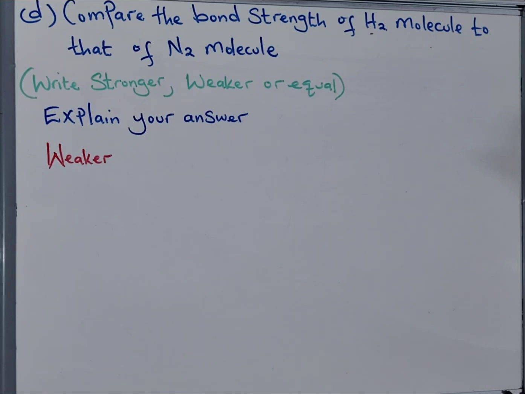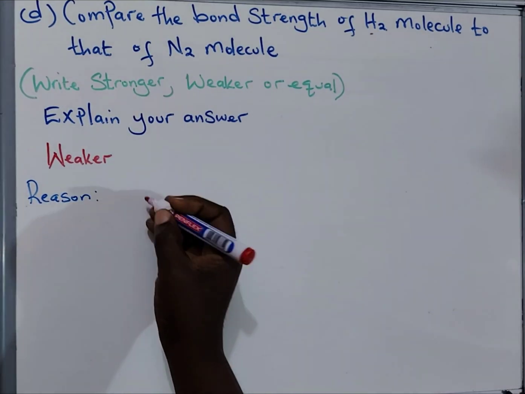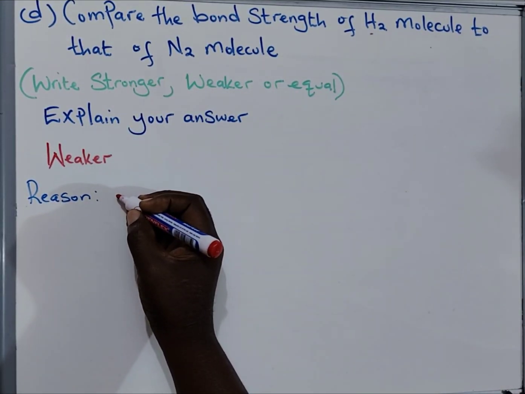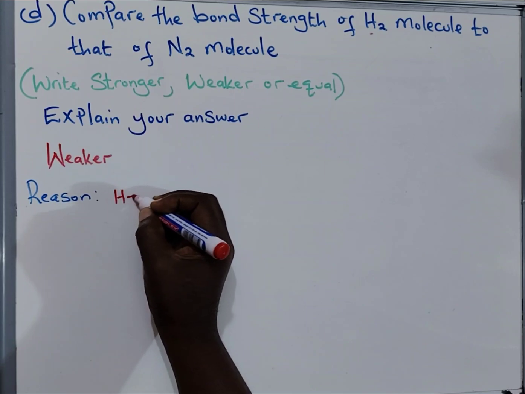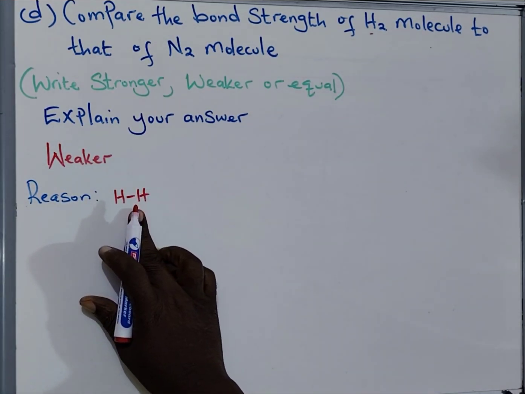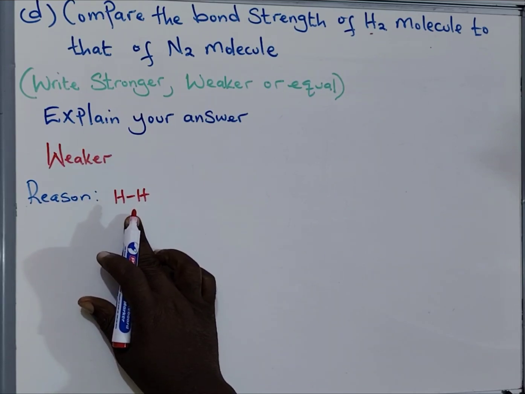What is the reason? The reason lies in the structure of the two molecules. For hydrogen, this is what we have. This is the molecule, coupled by a single bond, a single covalent bond.